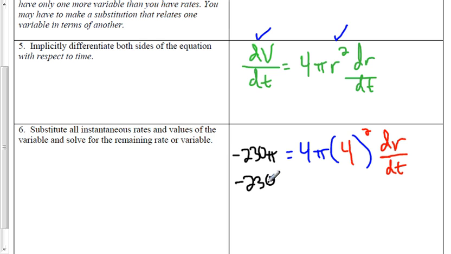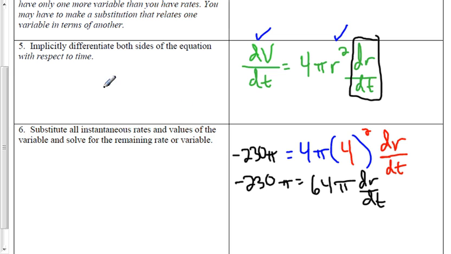Again, we're going to need our calculator here in a second. 4 squared, 16, times 4 is 64, so 64 pi dr/dt. Again, substitute all instantaneous rates and values of the variable, solve for the remaining rate or variable. In this case, I'm trying to solve for my unknown, dr/dt, the rate of change of the radius as it relates to time.